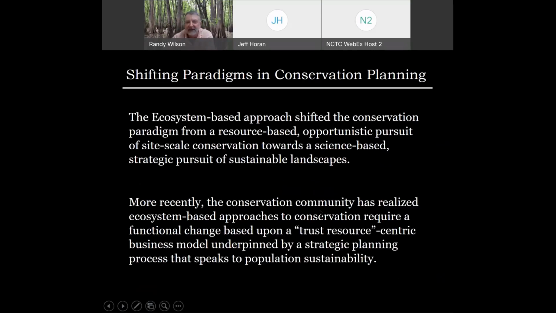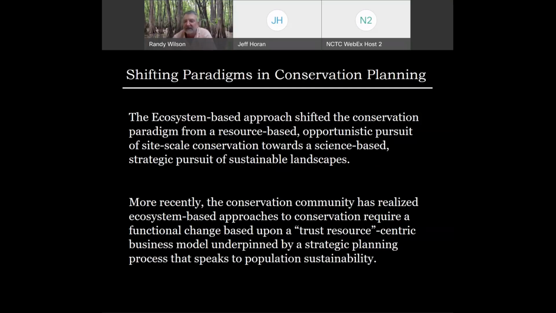The ecosystem-based approach was a major shift in our conservation mindset, and it got us out of the resource-based, opportunistic pursuit of conservation. It made us think about everything together, fish and birds and water, and bring stakeholders to the table to think through these exercises.